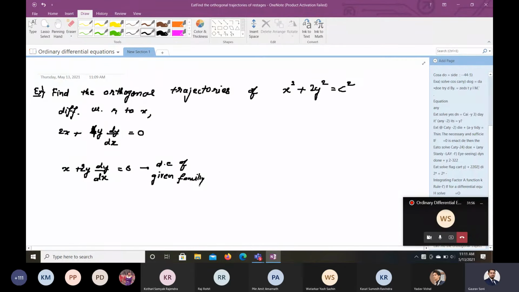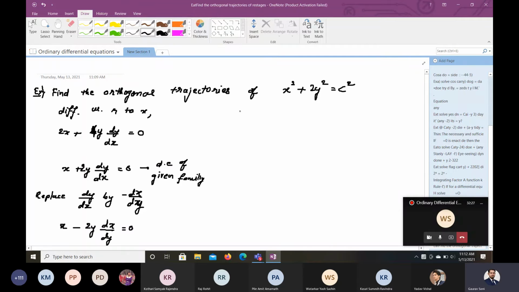So our required family is perpendicular to this. And to find that, we replace dy by dx by minus of dx by dy. So what do we get? x minus 2y dx by dy equal to 0.